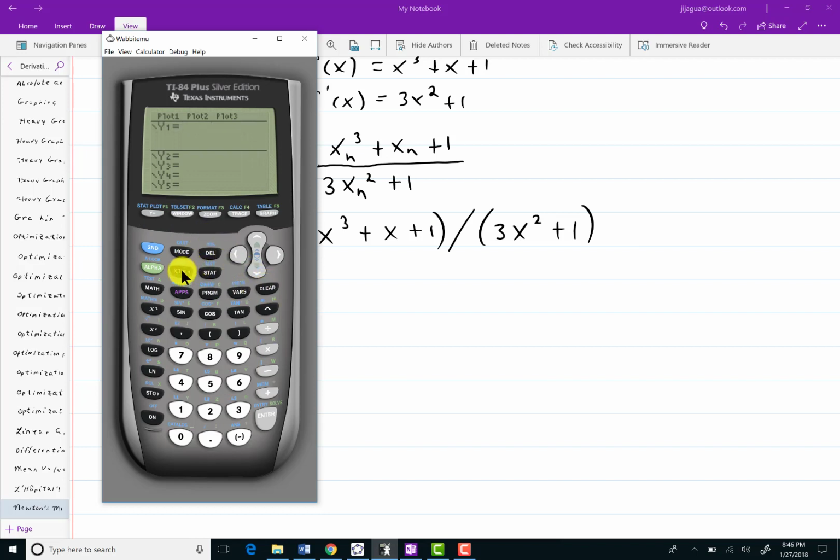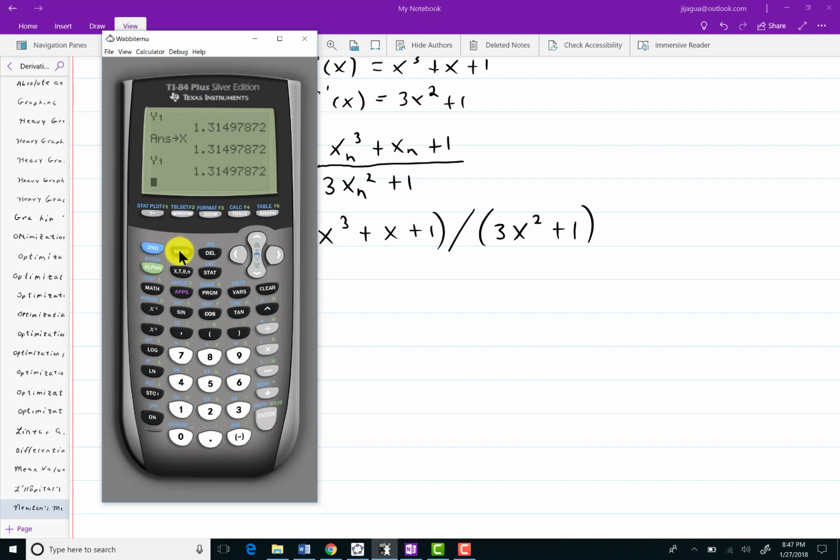So I have x minus x cubed, make sure you come down off of there, plus x plus 1, end the parenthesis and begin a new one after you divide, 3x squared plus 1. I'm not interested even in graphing it or anything like that. I just want to get out of this screen.